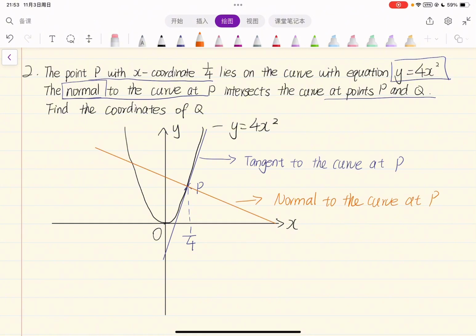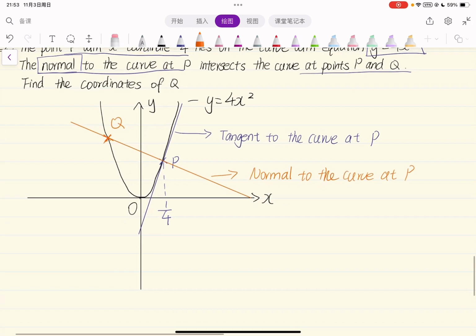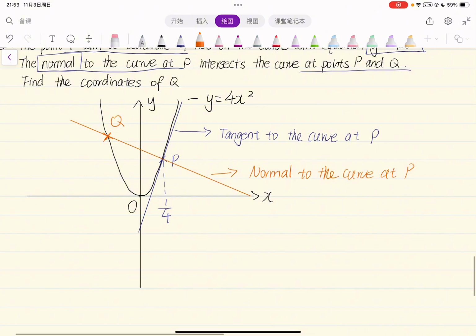We can see there is another intersection point. So this point is point Q. It says that you need to find the coordinates of point Q. In this case, we need to find the equation of the normal at point P, then we can find the point of intersection.